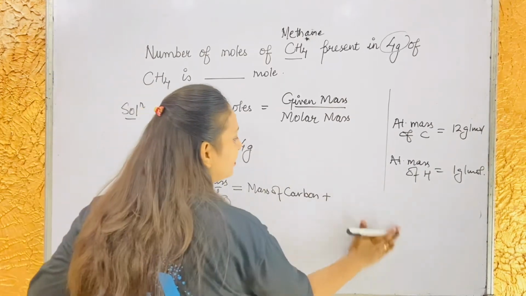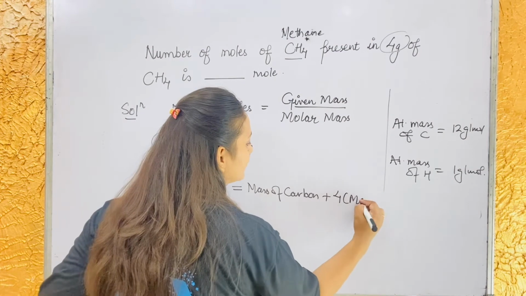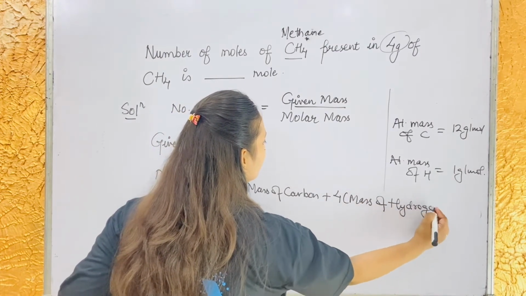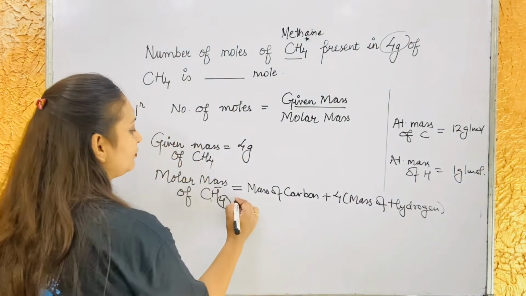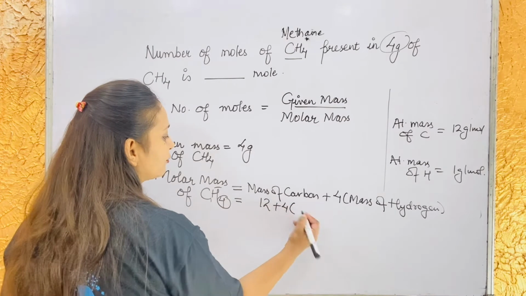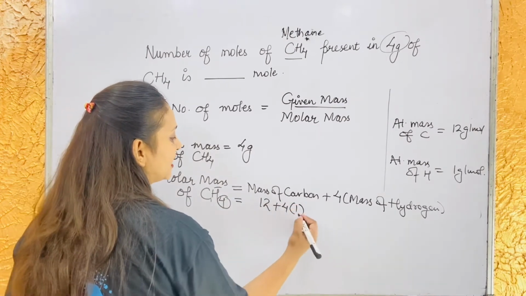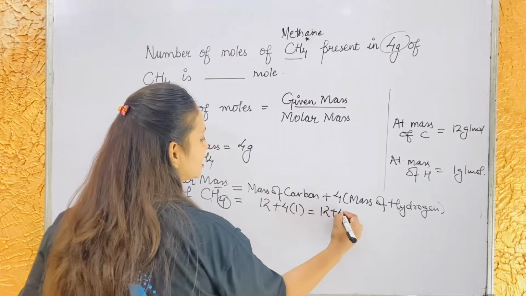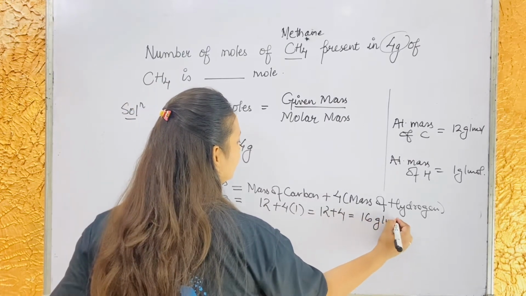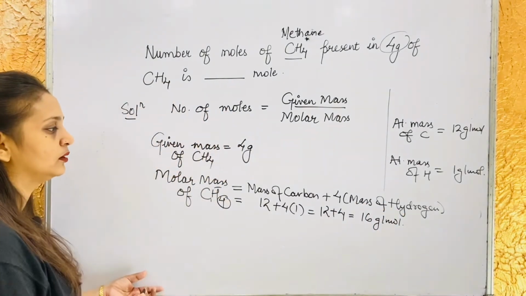So we will add 4 times the mass of hydrogen. It will become the mass of carbon, 12, plus 4 times the mass of hydrogen, that is 1. 12 plus 4 becomes 16 grams per mole.